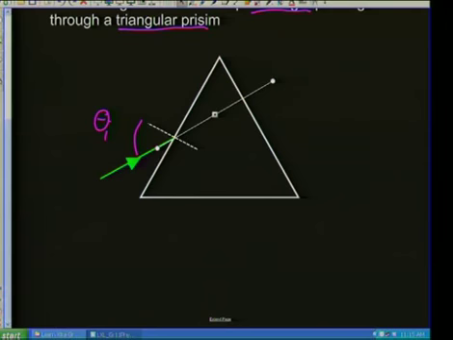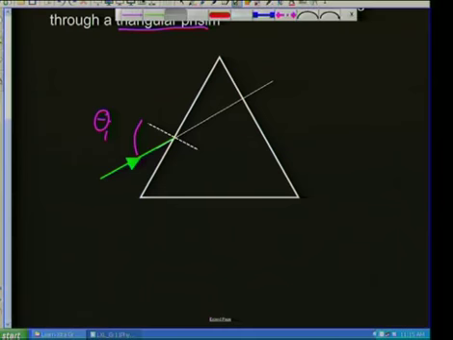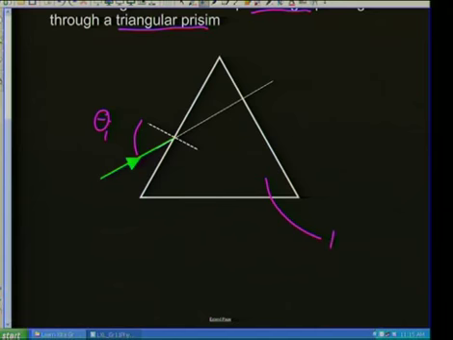But unfortunately, that's not what's going to happen. What's going to happen is there's going to be refraction. And the first thing is we're going to say, let's assume, as I mentioned earlier, that the refractive index of this particular substance, don't know what it is, but let's say that it's greater than 1.2.